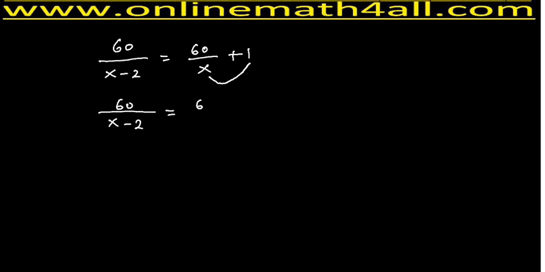So 60 over x-2 is equal to 60 over x plus 1. Now I am going to multiply this 1 by x and take x as a common denominator. When I do so, I'll get 60 over x-2 is equal to (60 + x) over x. Now I am going to multiply x times (x-2) on both sides in order to get rid of the denominator.